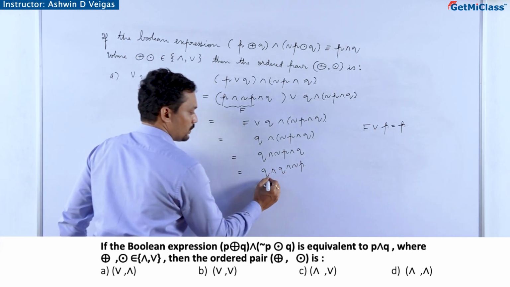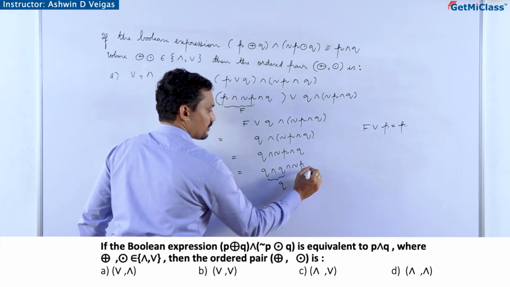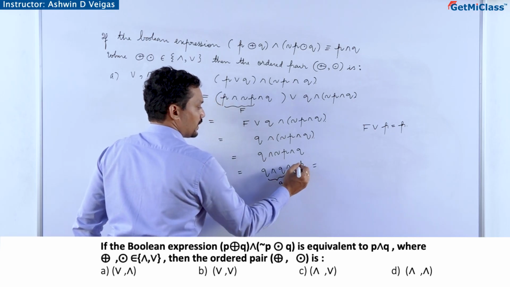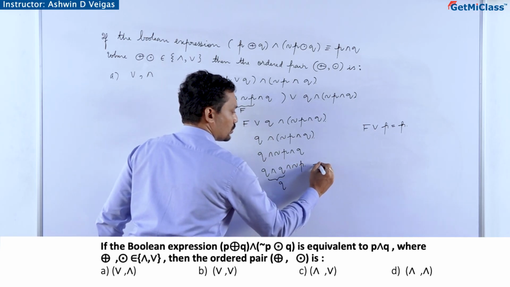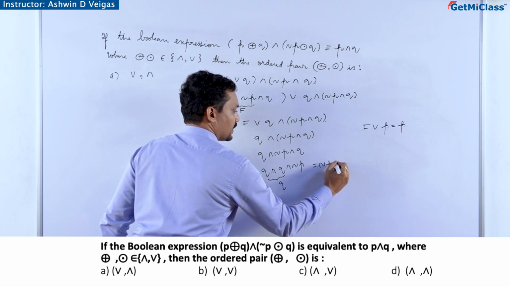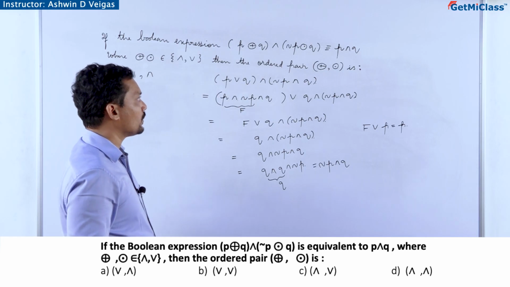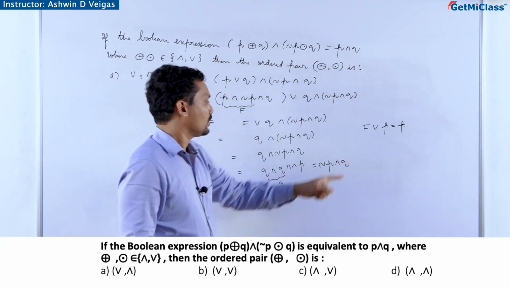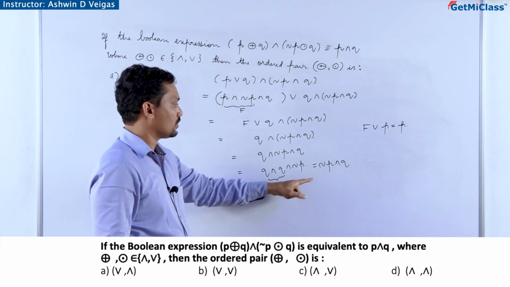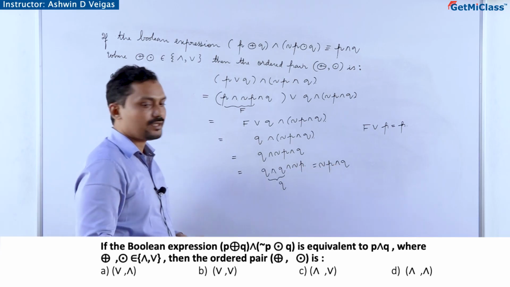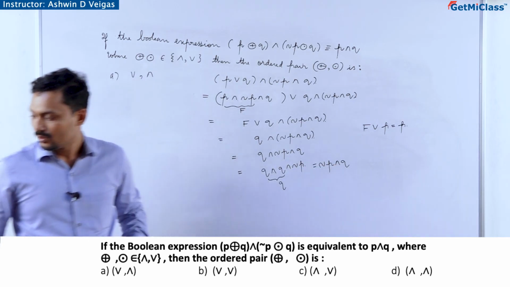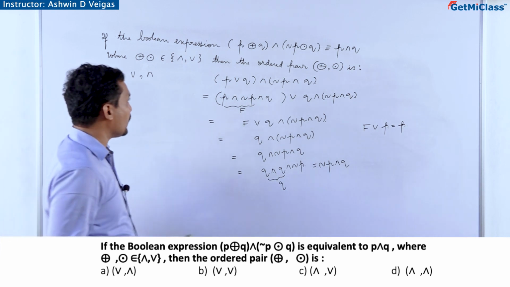So the answer will be negation of P and Q. But this is not the answer because we wanted P and Q. We are getting a slight difference. Therefore, we see that option A cannot be the answer.